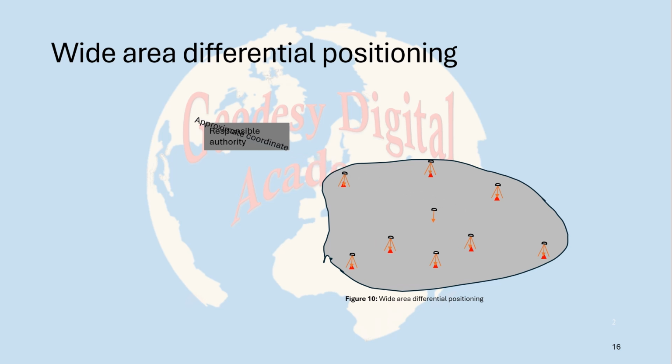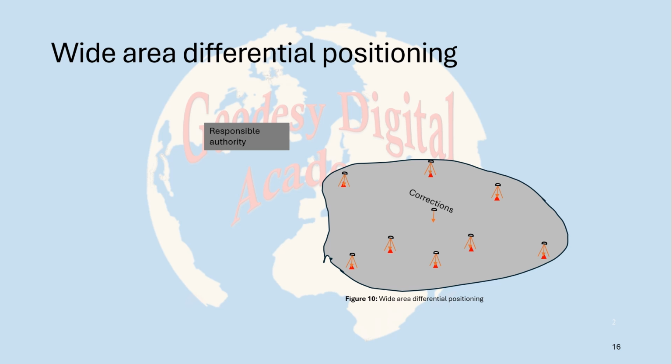The coordinate goes to the responsible authority, and this authority computes the corrections for me and sends them back to the receiver. So I have the corrections.